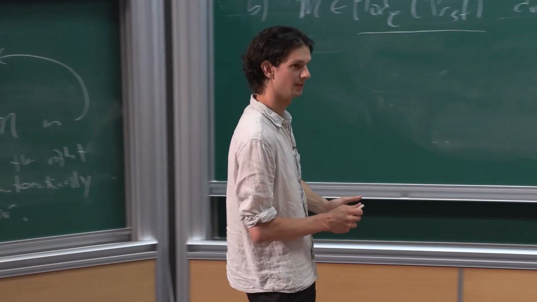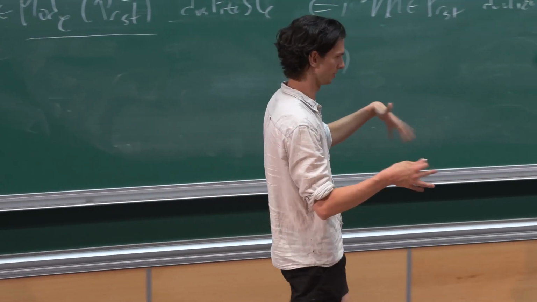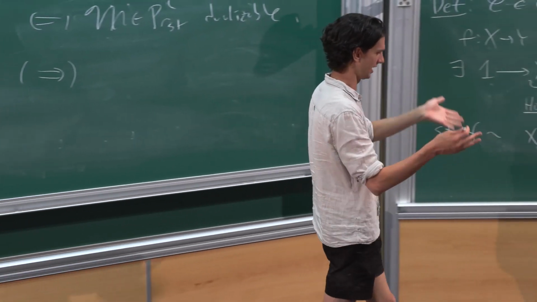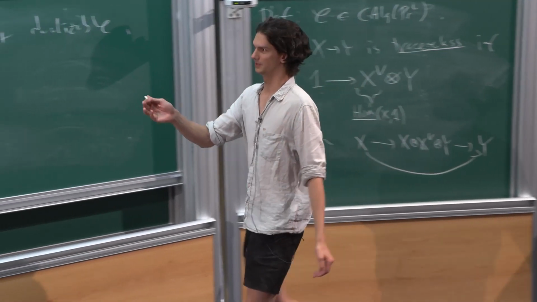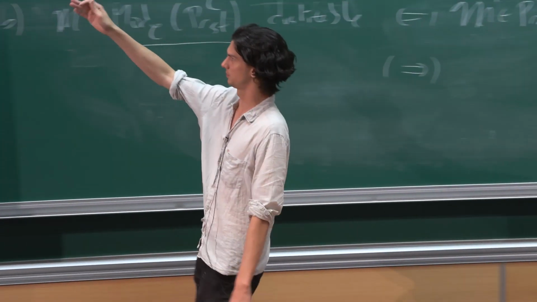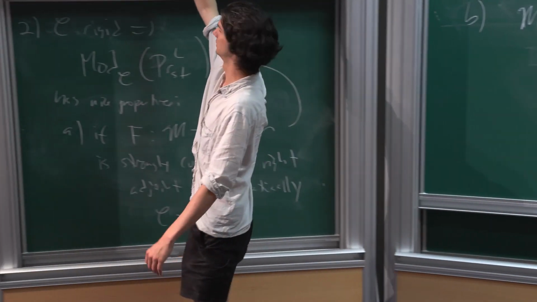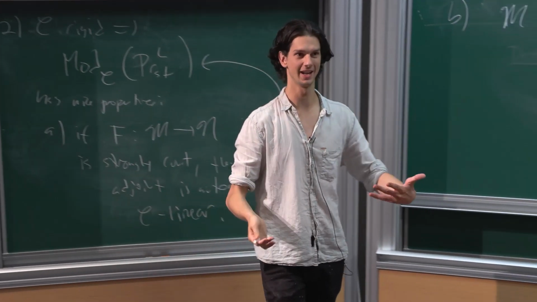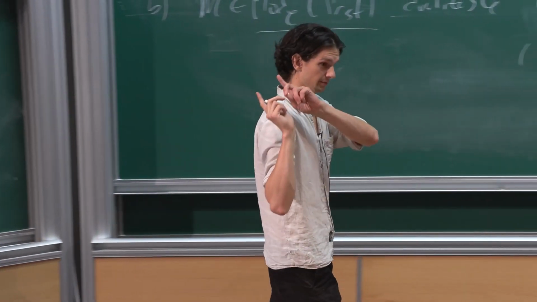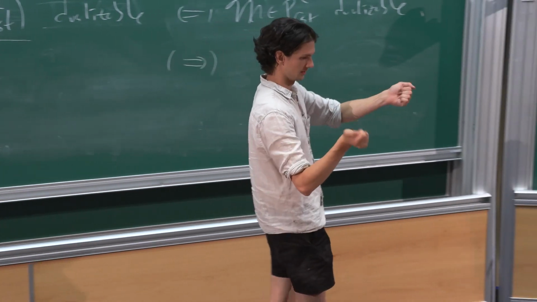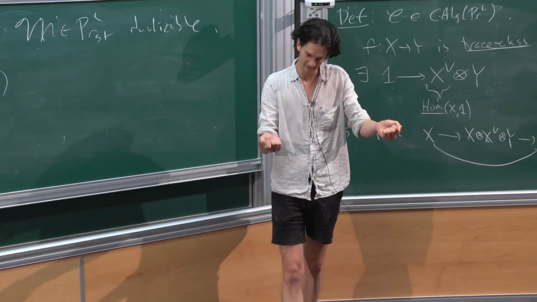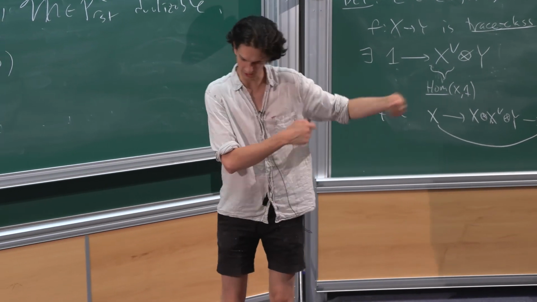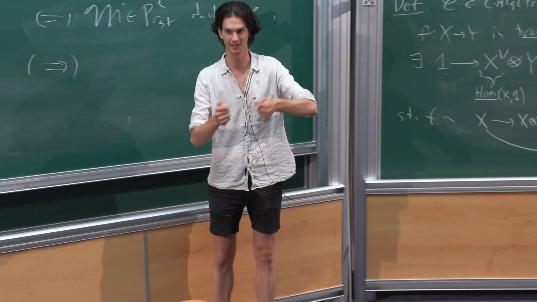Why is this interesting? Well, remember we had some sources of dualizable categories coming from, say, idempotent algebras. Now we get more, because as soon as we take a rigid category, we only need to have idempotent algebras in that category. And you can build rigid categories where the tensor product is some sort of completed tensor product. For idempotent algebras, or for getting dualizable categories, you don't need algebraic tensor products anymore.